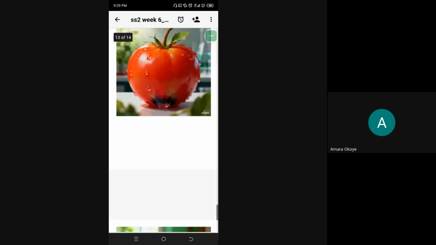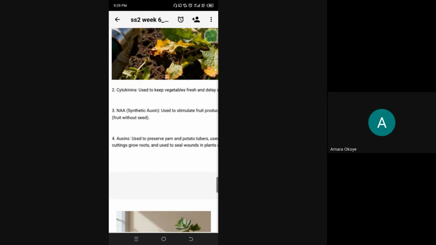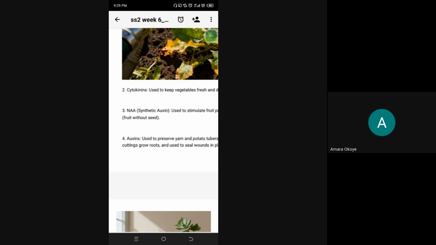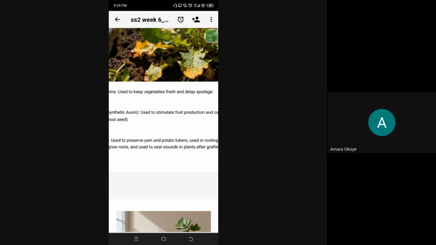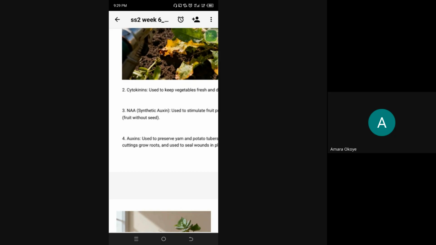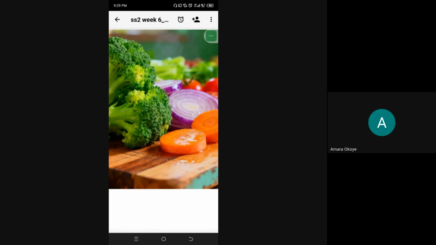Okay. Have we looked at cytokinin? No. Another jump. Why would I jump? So cytokinins is used to keep vegetables fresh and delay spoilage. So this is a series of vegetables.